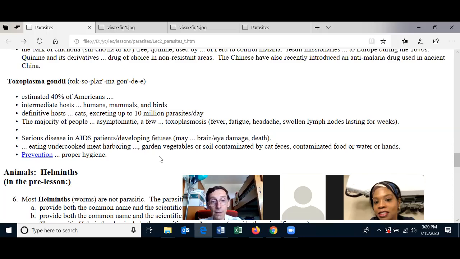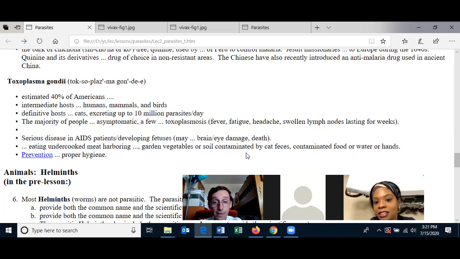You can also get the Toxoplasma parasite from when your cat visits your garden. And so when you eat your garden vegetables, if you don't cook them, you can get the parasite. And I was always a little bit worried about cats being in my neighborhood because I grew lettuce, and there's no way to get all of the cysts off the lettuce.